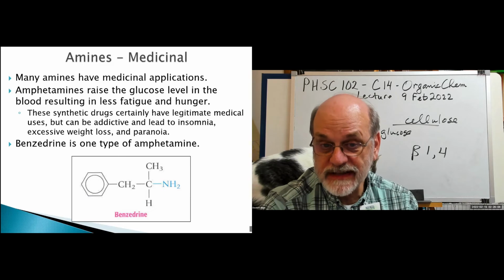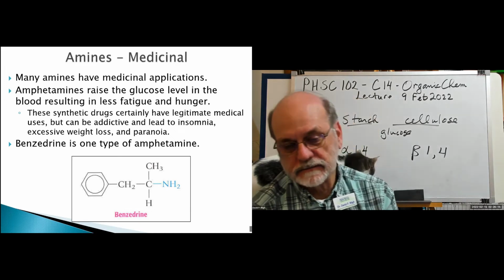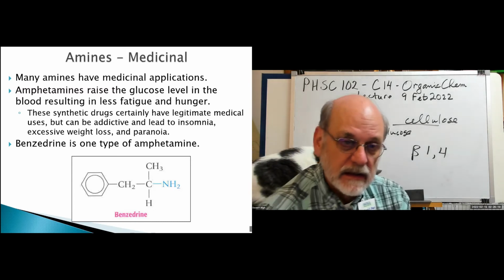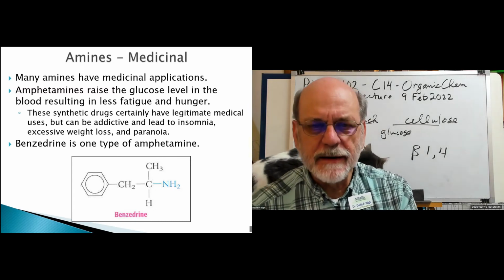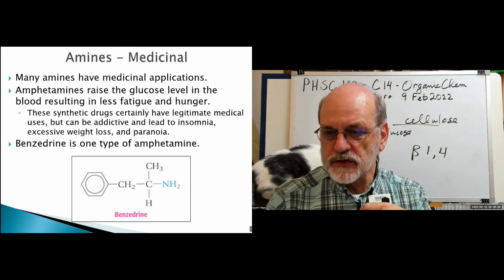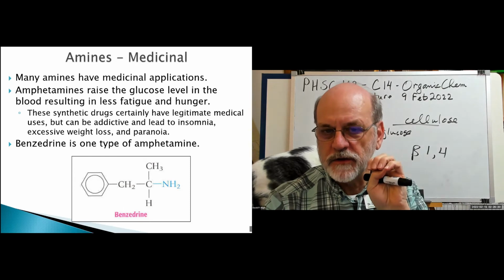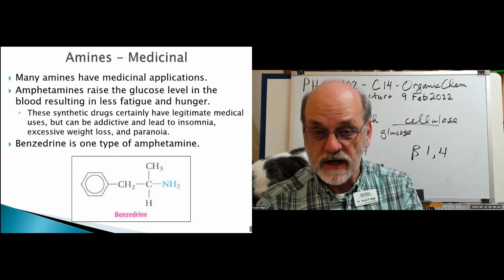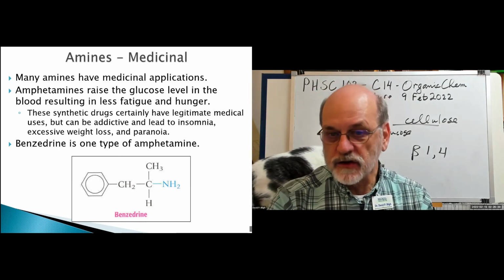Some amines are medicinal, right? Let's see, amphetamines are amines, and they cause the body to flood your blood with more glucose, and as the glucose level increases, you feel less fatigue, and you don't feel hunger.